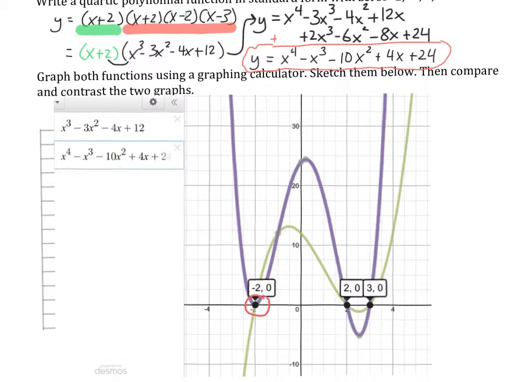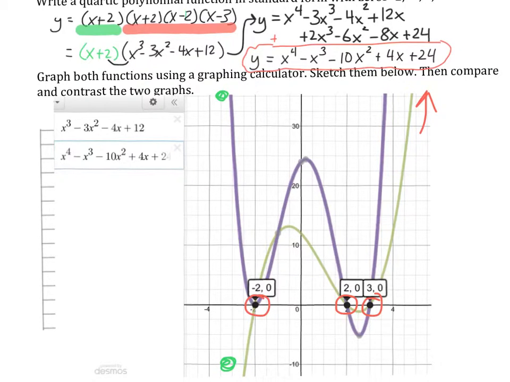Number 1, 2, and 3 of the roots are the same. Notice what else is the same. They both end going up. What's different? The quartic starts high, and the cubic starts low. So those are some things that are exactly the same.